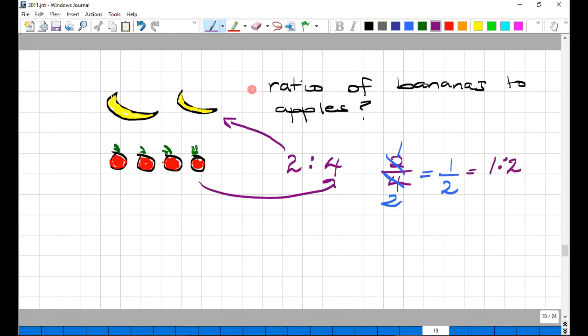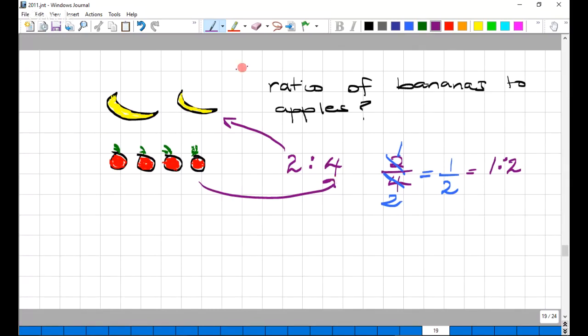Excellent. 1 to 2. So ratio is a way of comparing what? Quantities. And in this particular situation, I'm comparing bananas to apples. Every time that I have 2 bananas, I will have how many apples? 4.